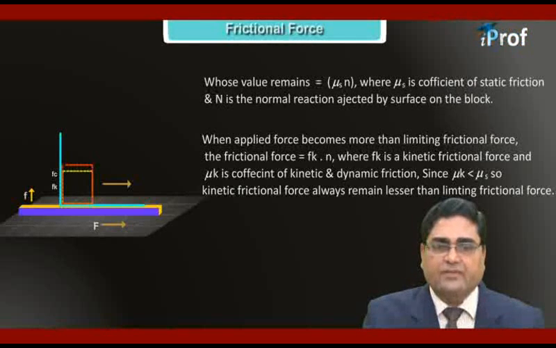If we make the graph between frictional force and applied force, it will be as shown in the figure. As far as static frictional force is concerned, it will have a definite slope as shown in the figure, and after achieving the condition of limiting frictional force, the frictional force reduces a little bit and then again becomes horizontal.